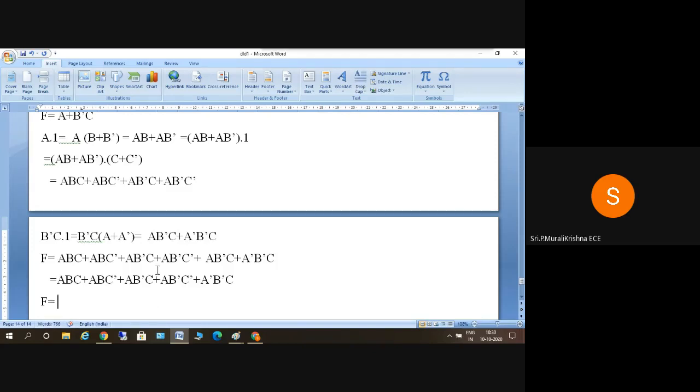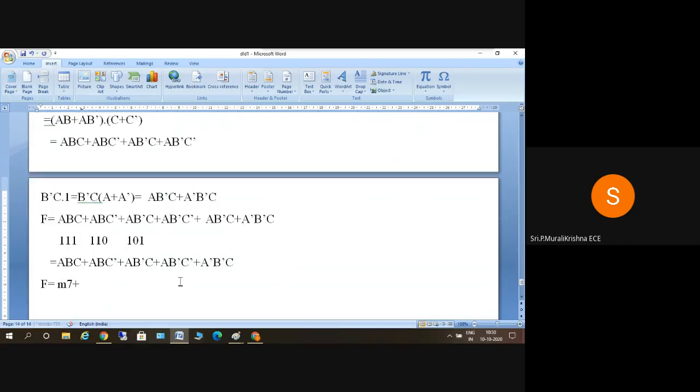ABC is small m7, where A is 1, B is 1, and C is 1. ABC bar is A is 1, B is 1, and C is 0. AB bar C is A is 1, B is 0, and C is 1.